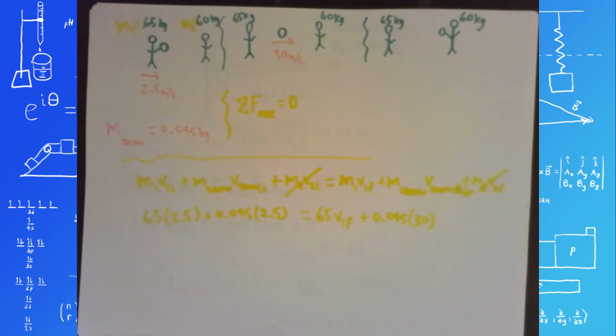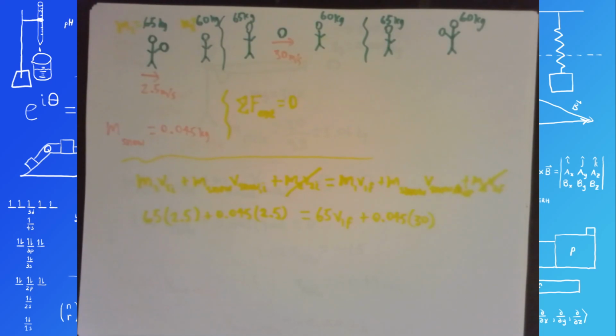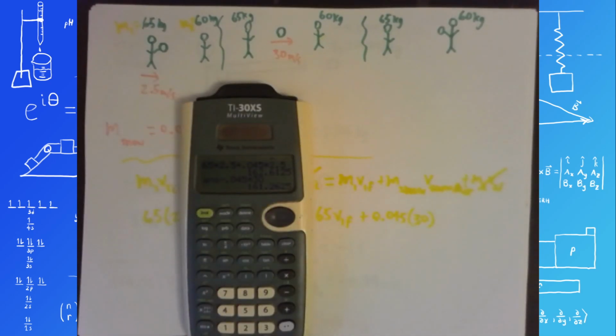So we've got 65 times 2.5 plus 0.045 times 2.5. And yes, I could have factored out the 2.5 and just done 65.045 times 2.5. But if you don't see that immediately, no shame in doing it step by step like this. And then, where were we? Subtract 0.045 times 30. Okay, so that's what I've got.